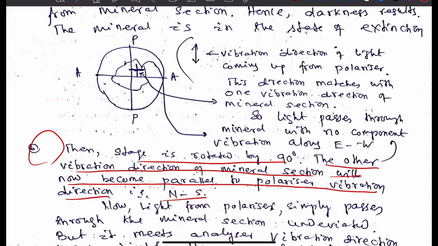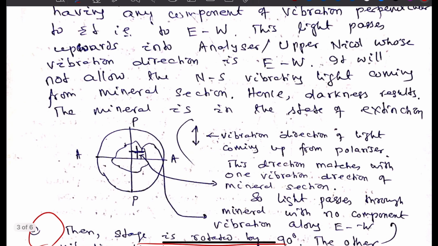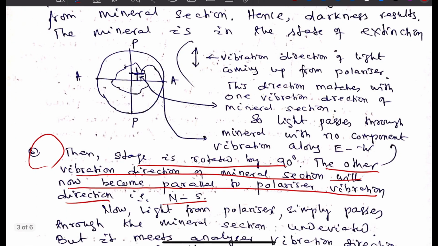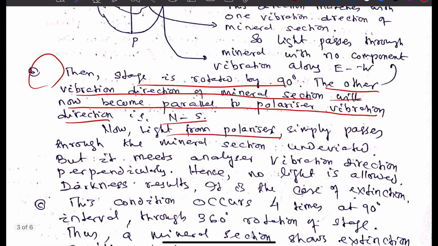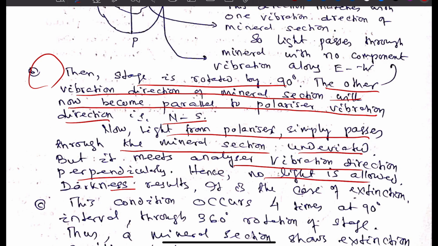So the same situation will arise as took place in the previous stage. No light will pass through the analyzer, and the mineral will show darkness. It is a case of extinction.